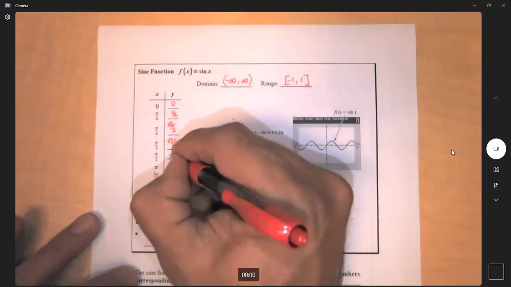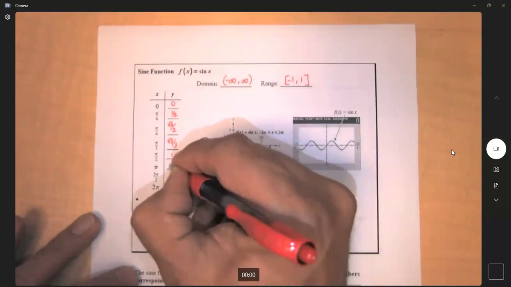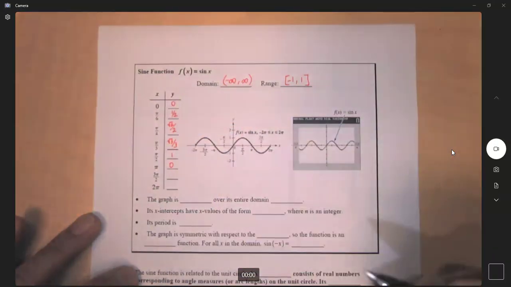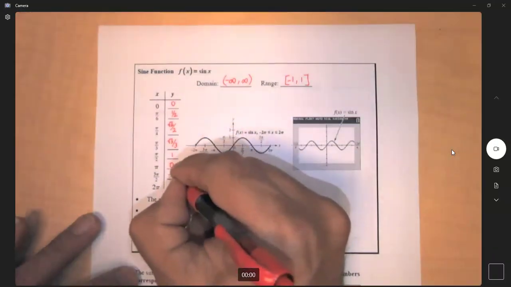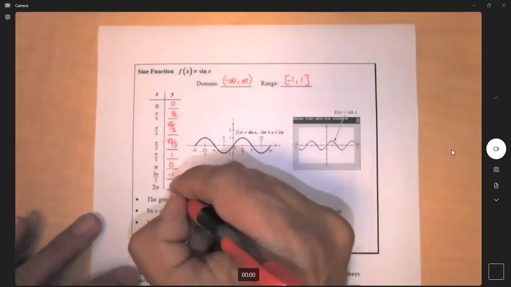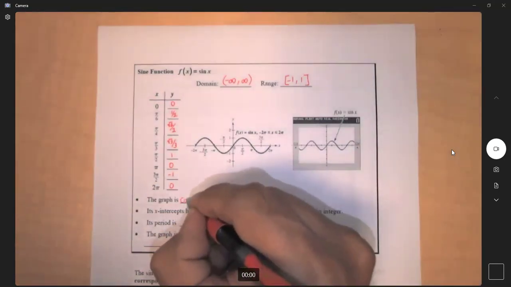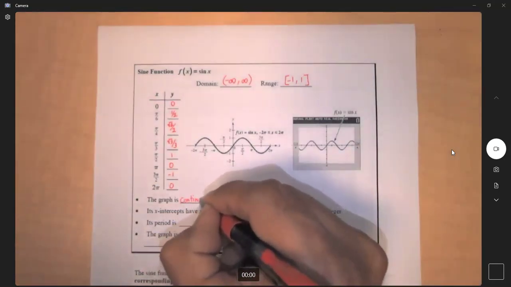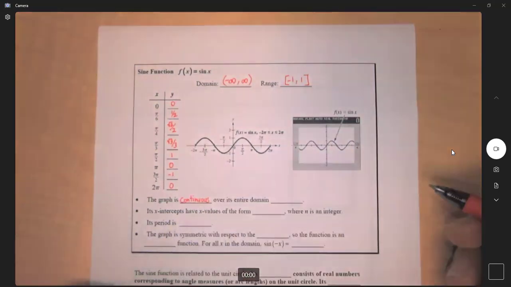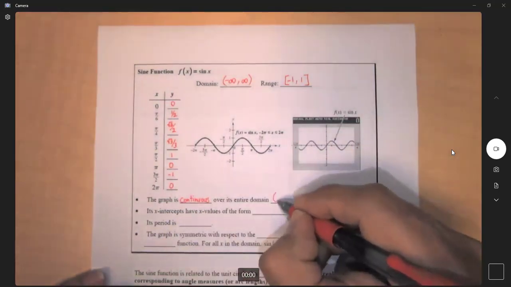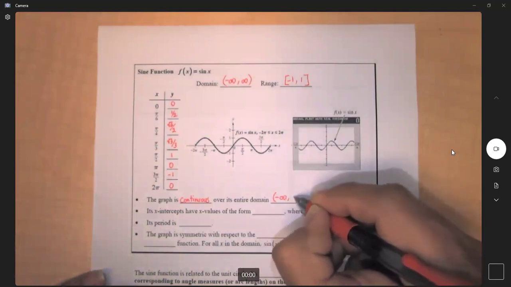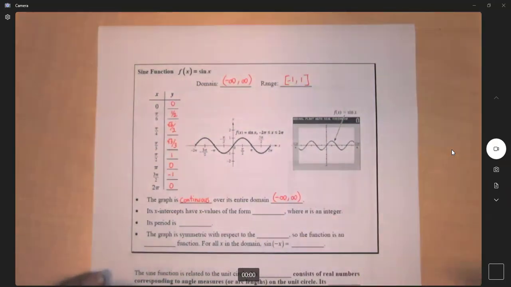At pi halves it is 1, at pi it is 0, at 3 pi halves it is -1, and at 2 pi it is 0. Okay. This graph is continuous over its entire domain, and its domain is, like we said earlier, -infinity to infinity.